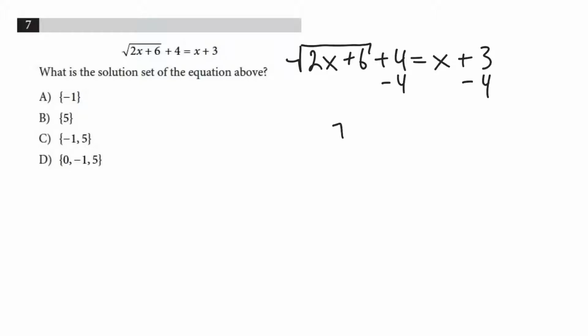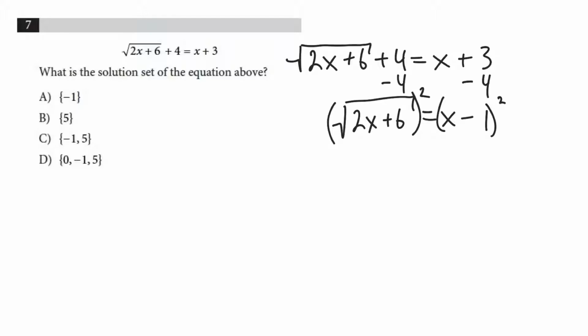We will get square root of 2x plus 6 equals x minus 1. Alright, now I'm going to square both sides. On the left, I'm just going to have 2x plus 6. And on the right, I'm going to expand that, so it's going to be x squared minus 2x plus 1.